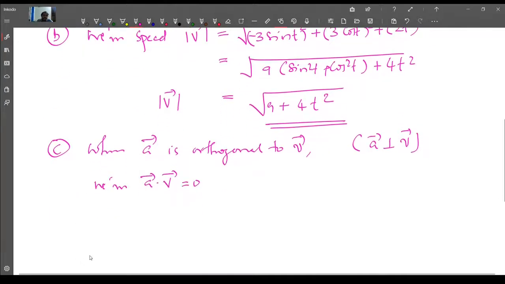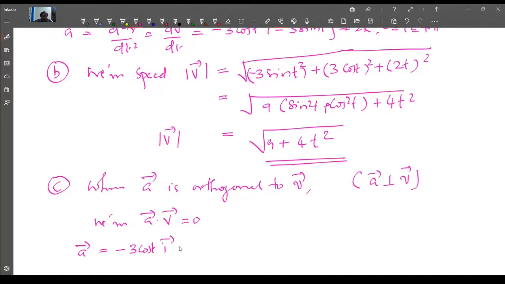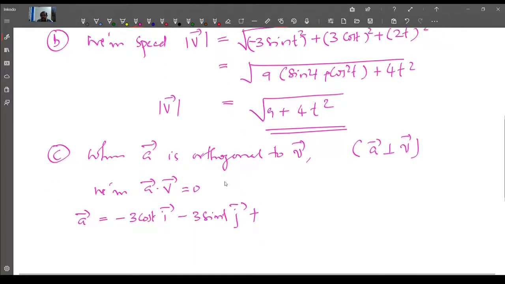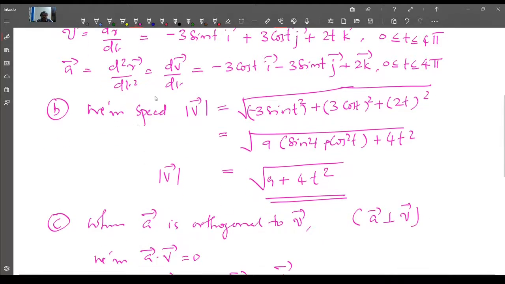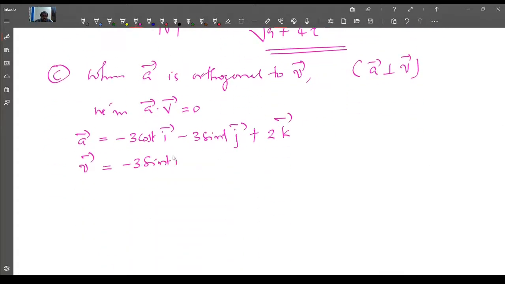So we have A is minus 3 cos t i minus 3 sin t j plus 2k, and V equal to minus 3 sin t i plus 3 cos t j plus 2t k.